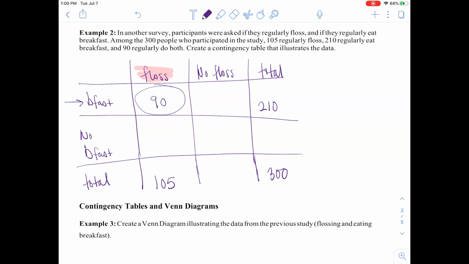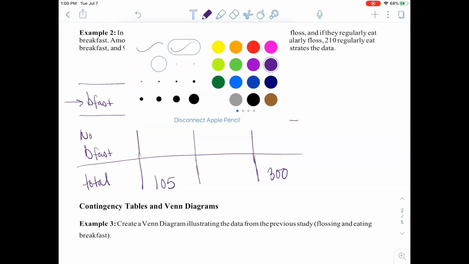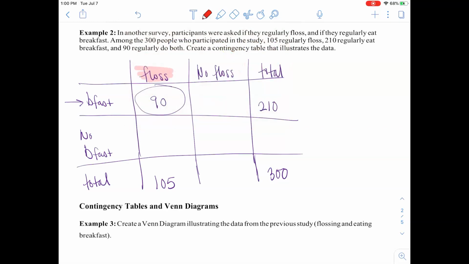Now we have enough information to fill out the rest of the table. So if I want to find no floss and they eat breakfast, well, that would be my total minus the other piece, the 90. So that's why I get 120. Well, I know my floss column has to add up to 105.